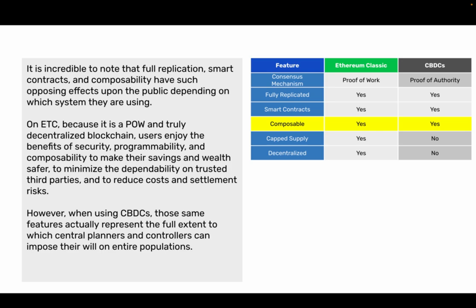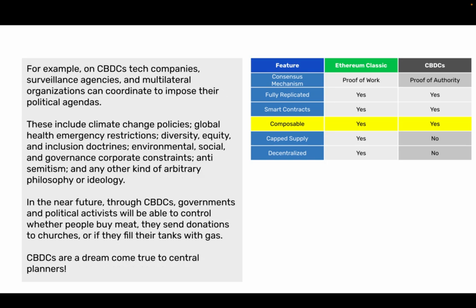On ETC, because it is a proof of work and truly decentralized blockchain, users enjoy the benefits of security, programmability, and composability to make their savings and wealth safer, to minimize the dependability on trusted third parties, and to reduce costs and settlement risks. However, when using CBDCs, those same features actually represent the full extent to which central planners and controllers can impose their will on entire populations.